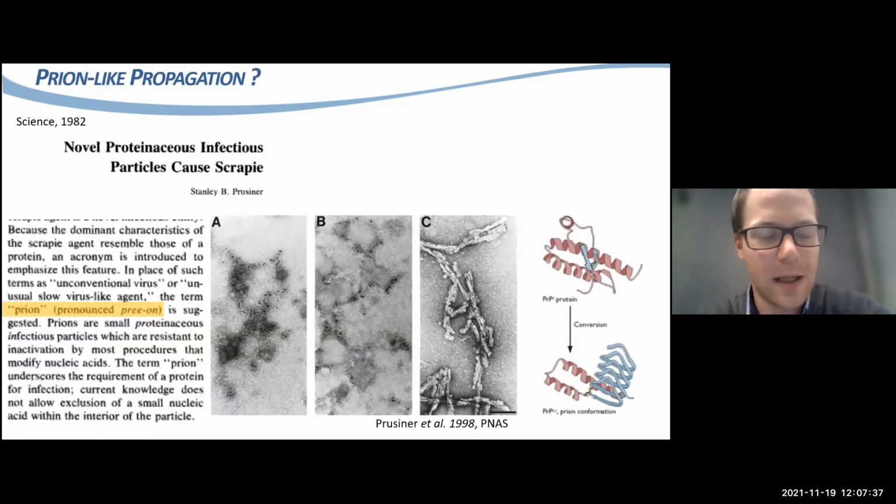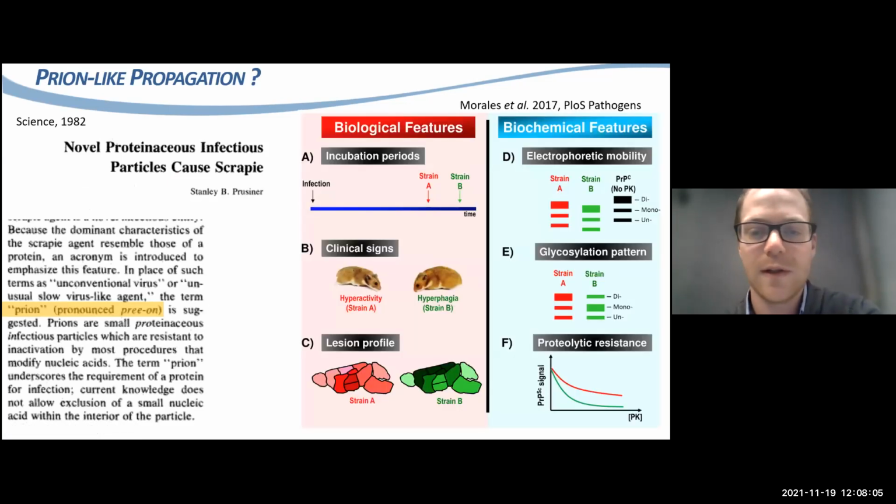This has led to a hypothesis that tau could actually propagate like a prion. Just for the sake of a short introduction, prions were actually described in 1982 by Stanley Prusiner, and why we think that tau and other proteins are prions is that prions are defined by 2 things.